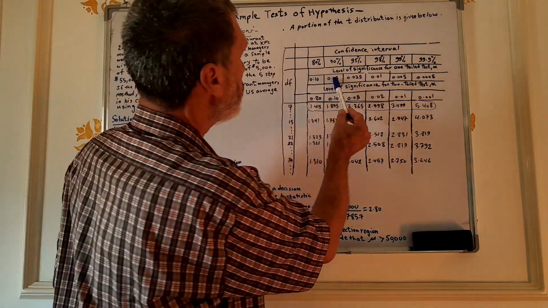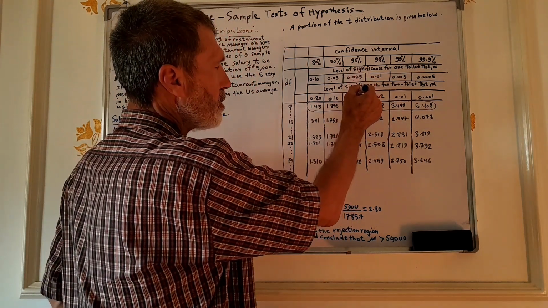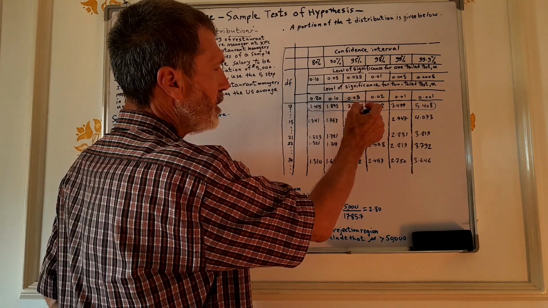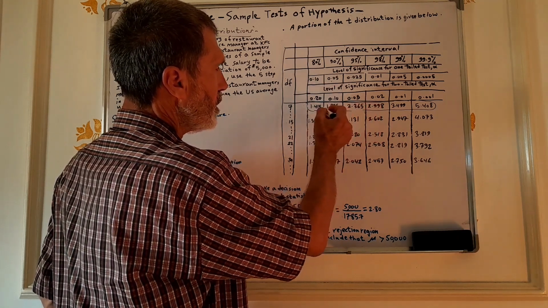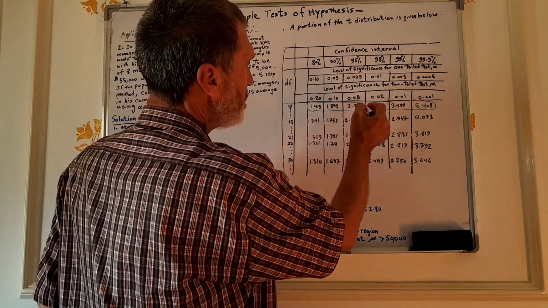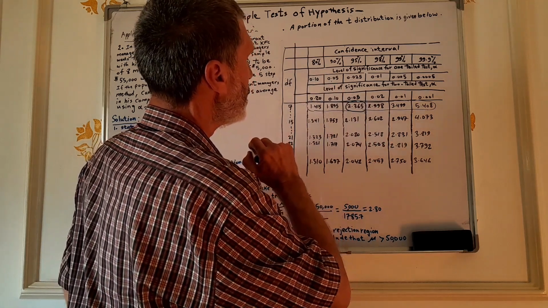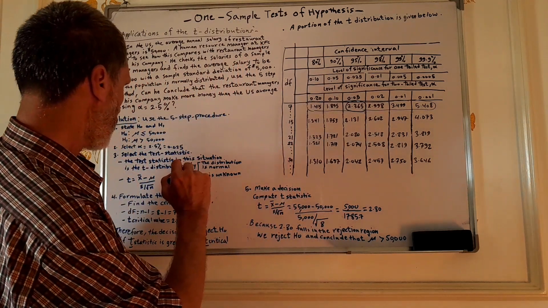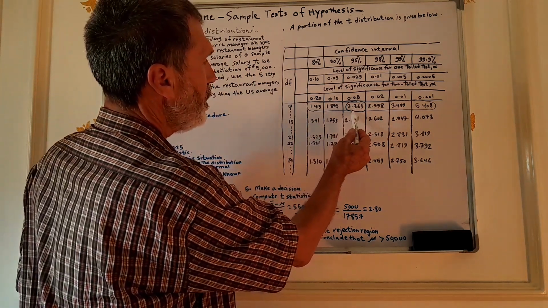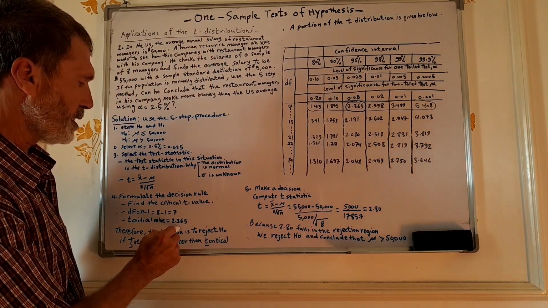So 0.025 is here. We move down until it intersects the row that corresponds to the degrees of freedom 7, and we come up with this one over here. This is the T critical, 2.365.